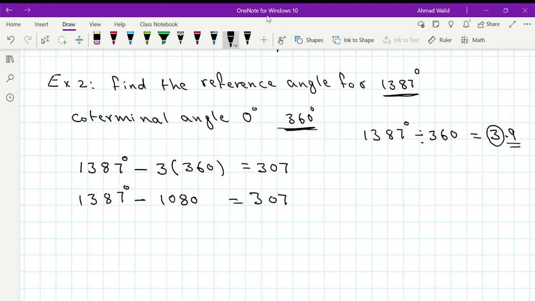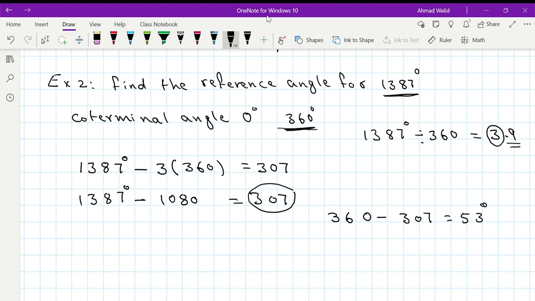Now, after this step, we draw this angle, or even without drawing, if you subtract 307 from 360, definitely it gives you a small angle, which is 53 degrees.